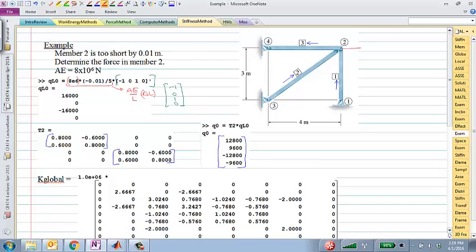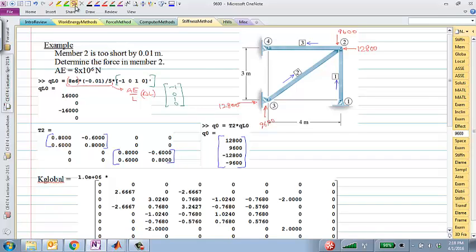What this means is that I'll be applying 12, 800, 9600, 0, 0, and same thing here: 12, 800, 9600, 0, 0.